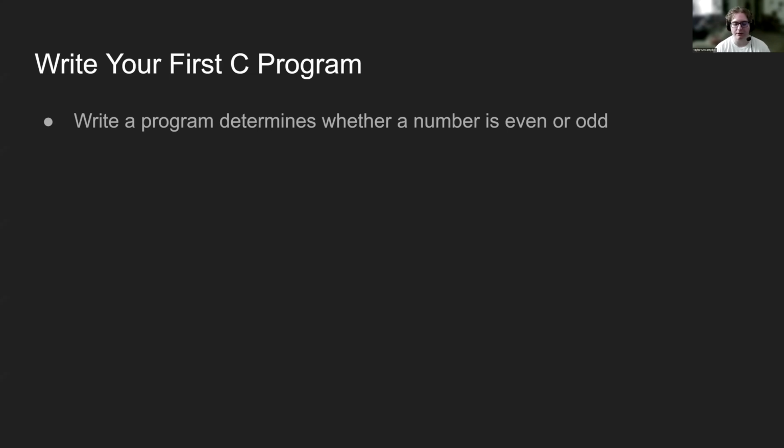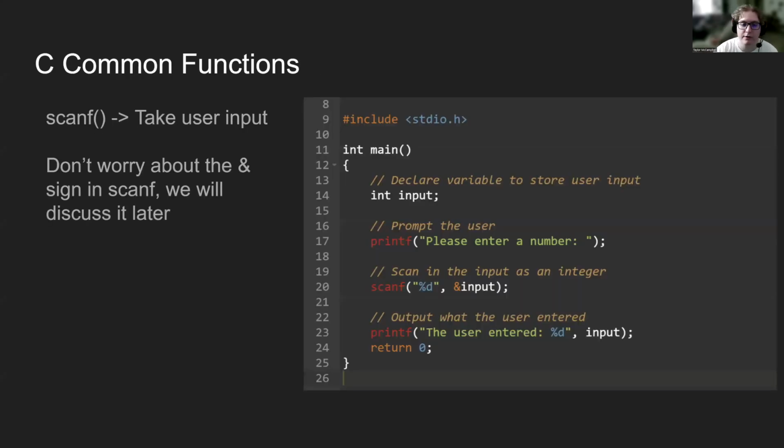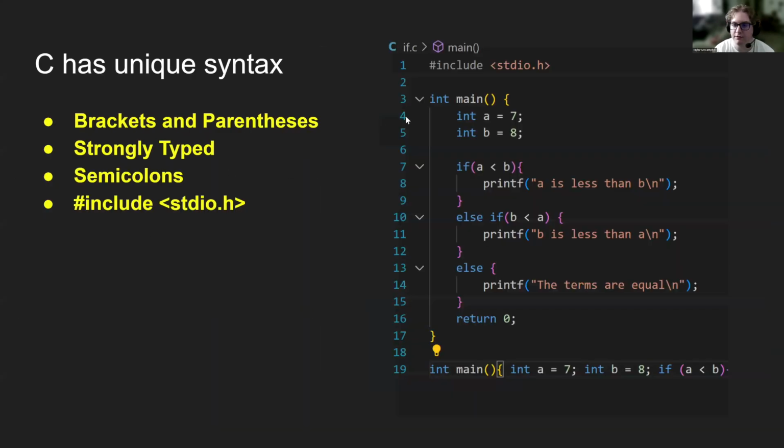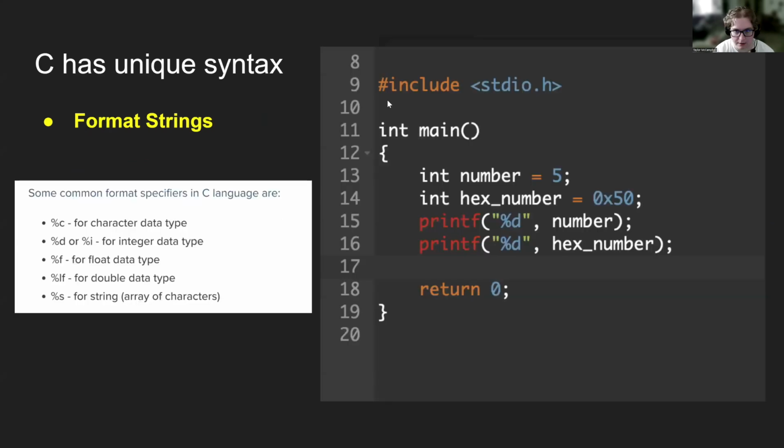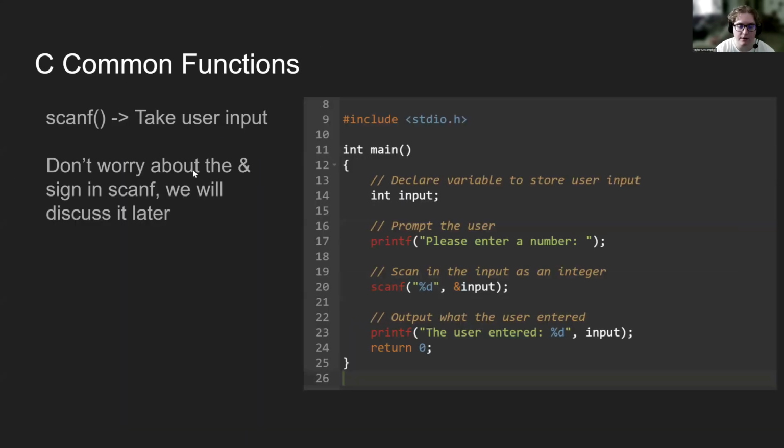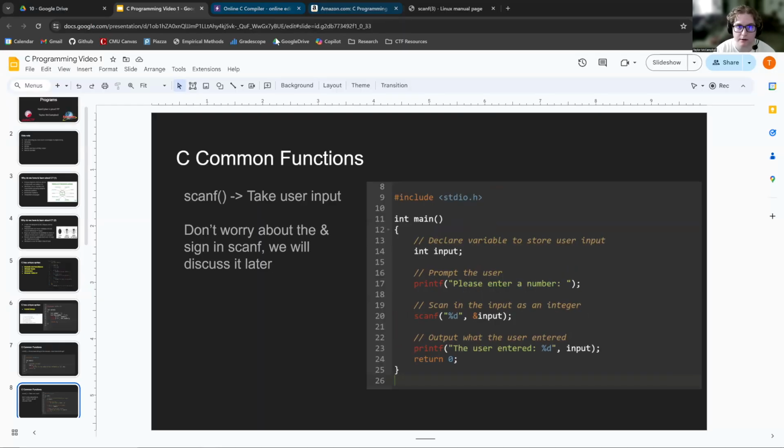It's not like you're going to learn the secret to anything by watching me, but you might have a good understanding of the syntax it takes to be able to do this. I would encourage you, you have all the information you need to be able to actually write this program by knowing these different syntax things. So with the brackets and parentheses, strongly typed, semicolons, blah, blah, blah, and the include, that you can go to this online compiler.